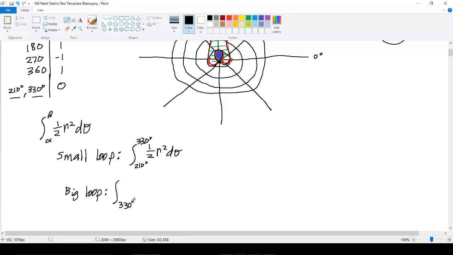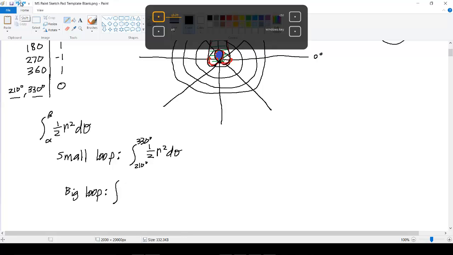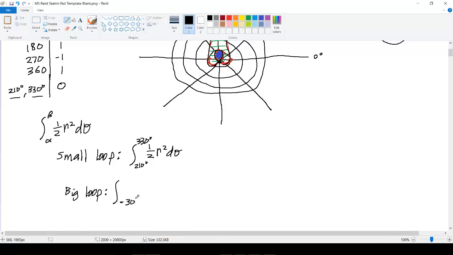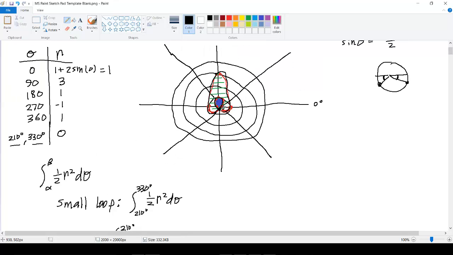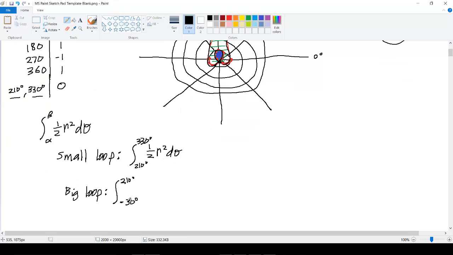If I said this was 330 to 210, that should work. Alright? Instead of calling it 330 degrees though, I'm going to call that minus 30 degrees to 210 degrees. And the only reason I did that was just because I personally don't want to get confused.